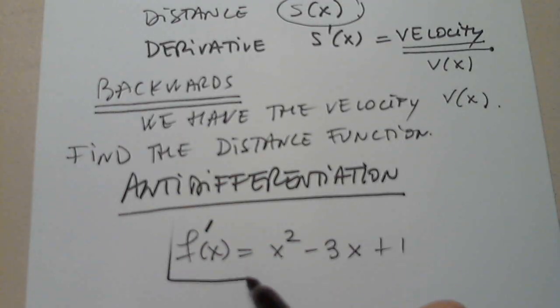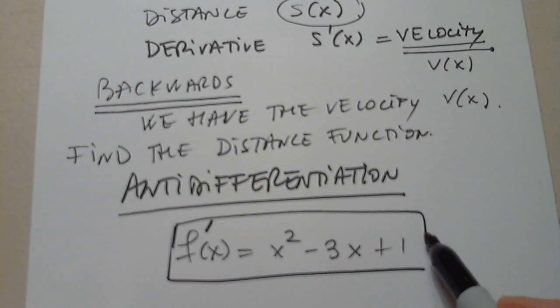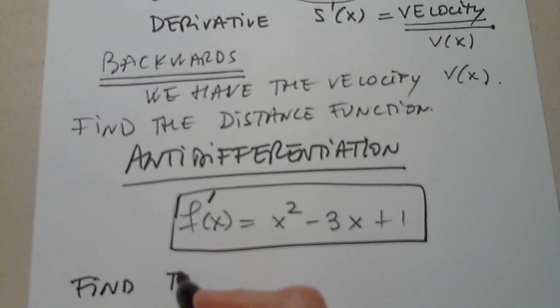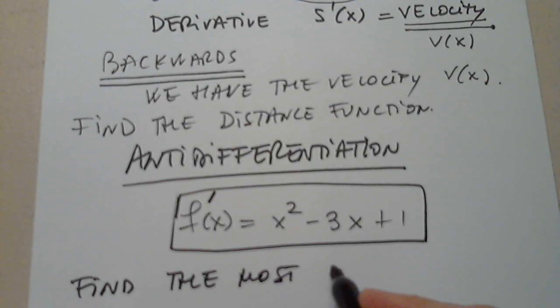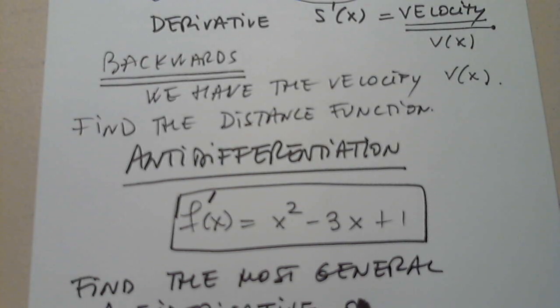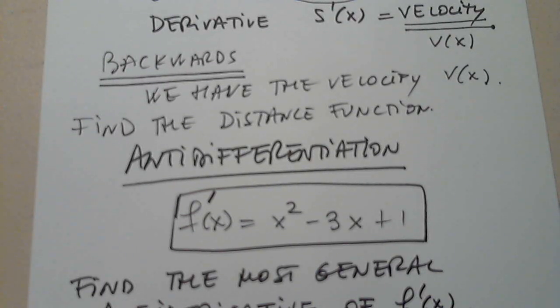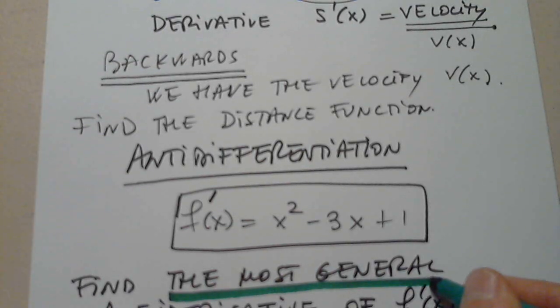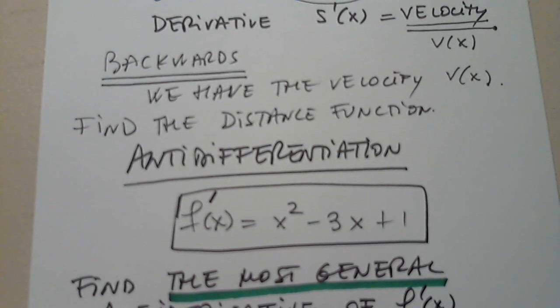So I'm given this derivative, and I am asked to find the most general antiderivative of this function f prime. I will explain what I mean by the most general antiderivative. Let's talk about the rule, and then I'll explain this.